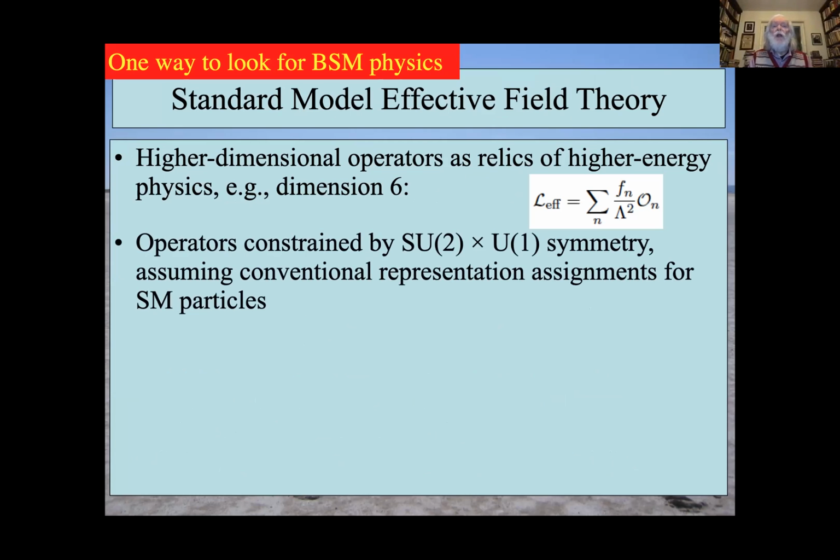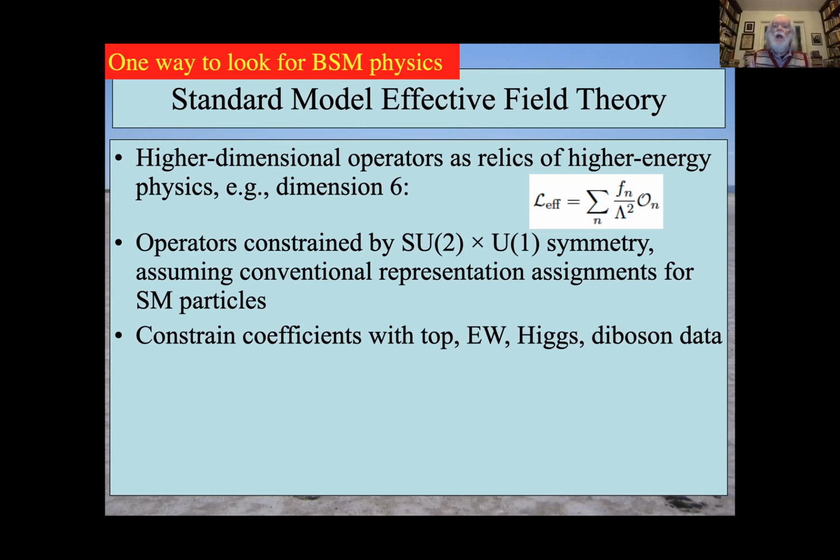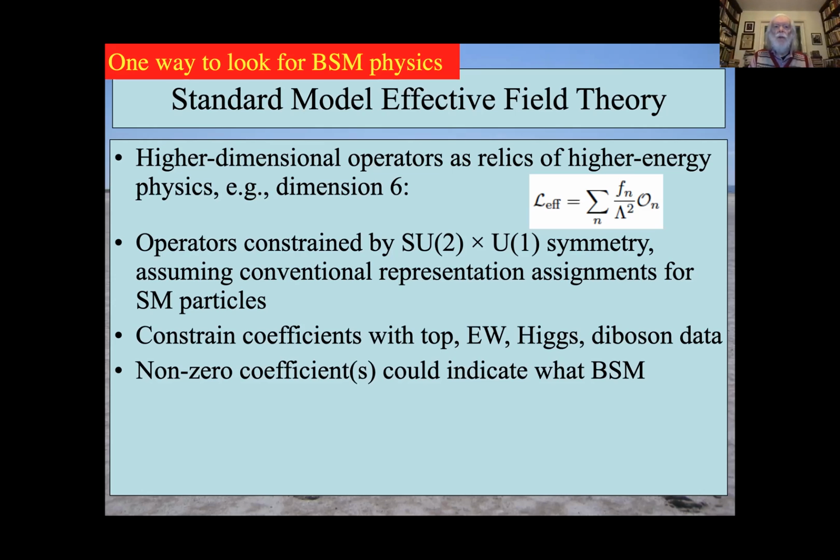The operators that are legal are those that are constrained by SU(2) cross U(1) symmetry, assuming the conventional representation assignments for standard model particles, which by now have been extremely well established. Then, once you've written down your Lagrangian, you try to constrain the coefficients with the data available from collider physics, in particular in the top, electroweak, Higgs, and diboson sectors.